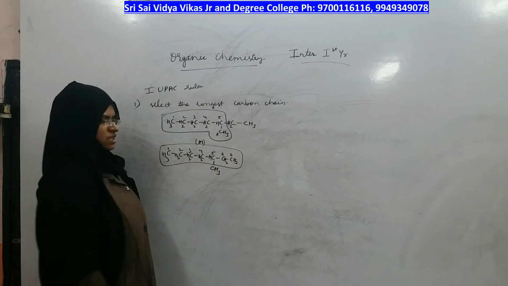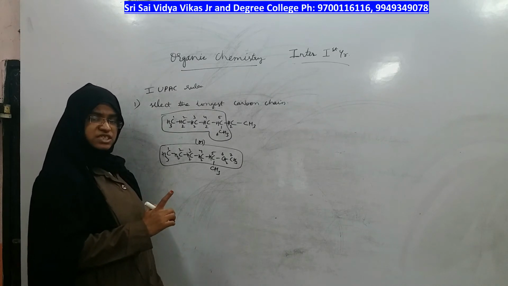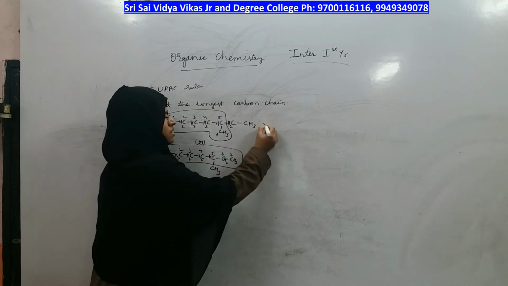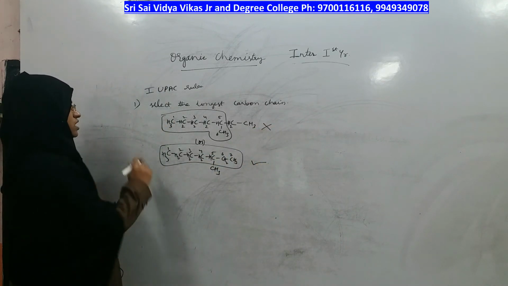This is your longest carbon chain. You can select any chain, but which chain is correct? The chain in which the maximum number of carbon atoms can come is the longest carbon chain. This is right. Okay. So that was the first rule.